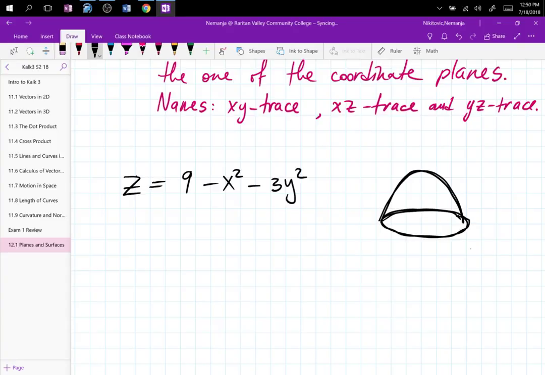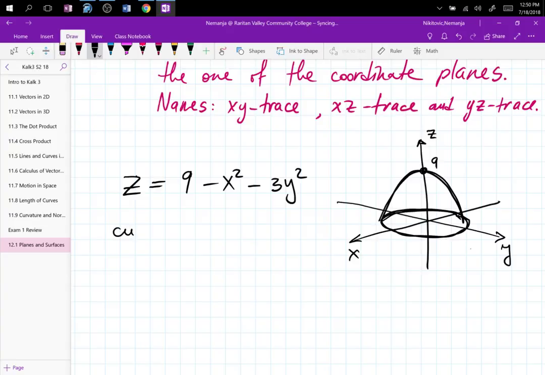See, this particular elliptical paraboloid is going to have its height at 9 because, trust me, I know why. And what's going to happen here is I'm going to cut this shape with z equals 5.